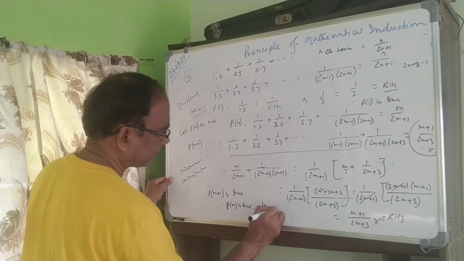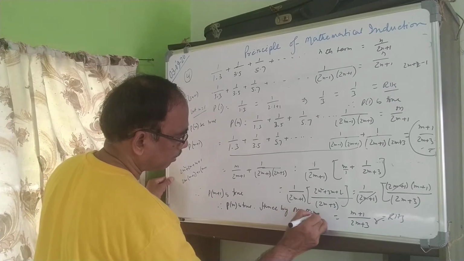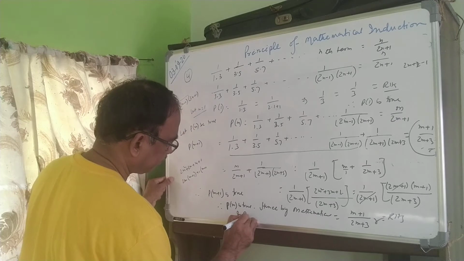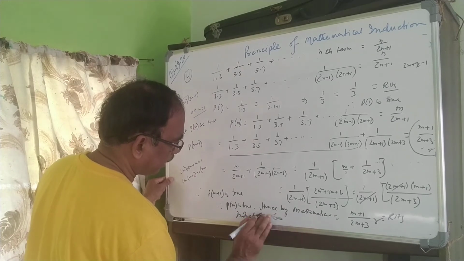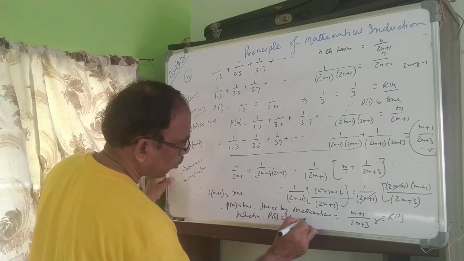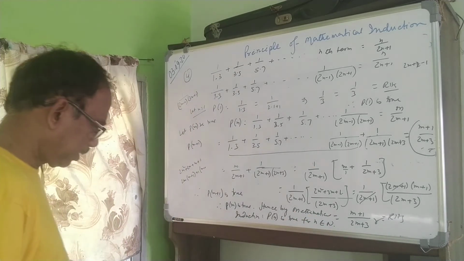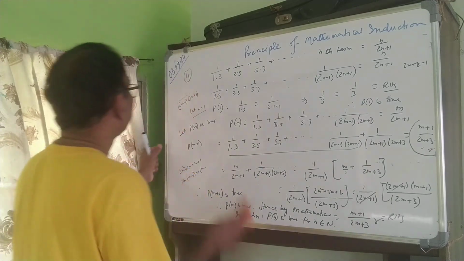Hence, by mathematical induction, we can say P(n) is true for n belonging to any natural number. That is the proof of this statement.